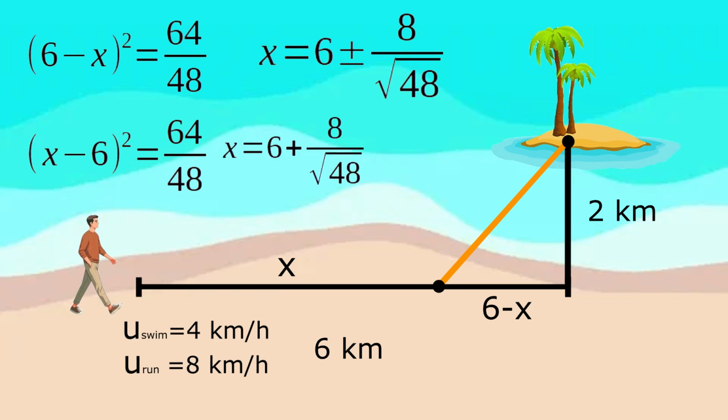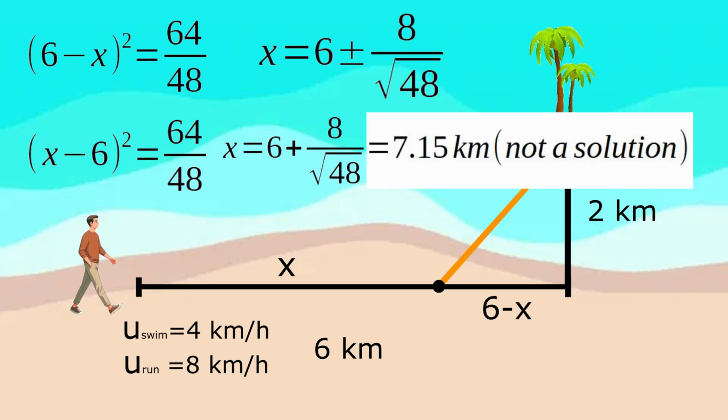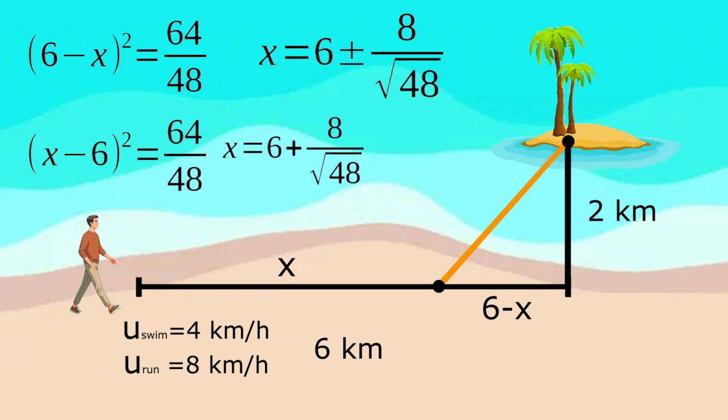We try the first one. 6 plus 8 over the square root of 48 equals 7.15 kilometers, which is outside of the bounds of the problem. So we'll eliminate this case. So the second case has to be the solution, which is 6 minus 8 over the square root of 48, which is roughly 4.84 kilometers.